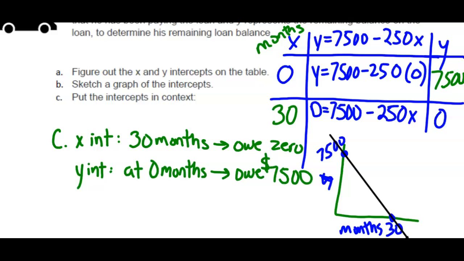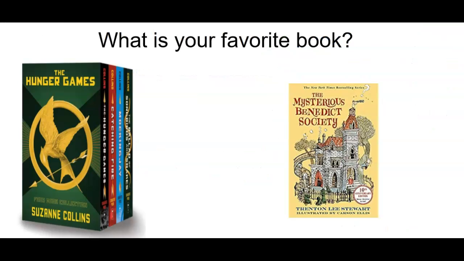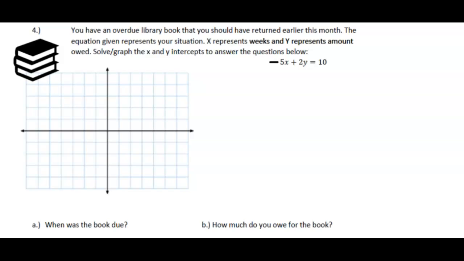I would like you to think about this book problem. You have an overdue library book that you should have returned earlier this month. The equation given represents your situation. X represents the number of weeks and Y represents the amount owed.